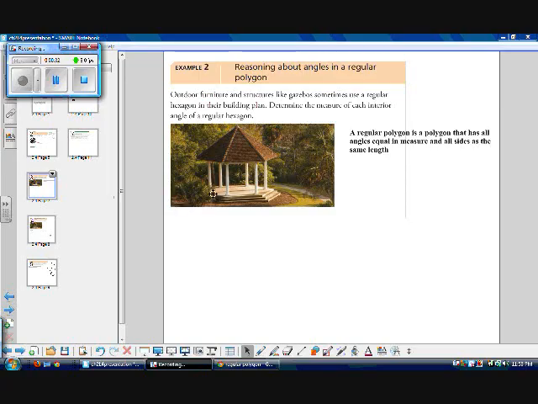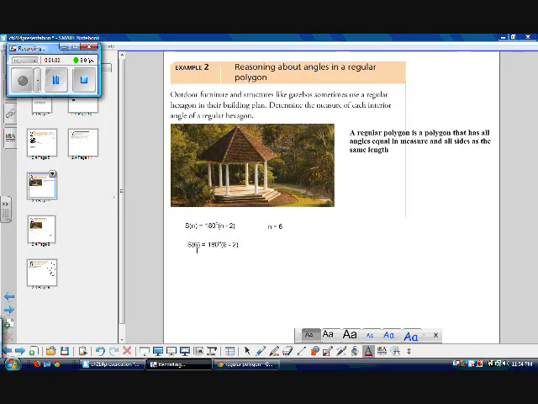So now we know how to find the sum of all the interior angles of a hexagon, so let's do that first. Using our handy-dandy formula for the sum of the measures of interior angles of a polygon, which is S of n equals 180 degrees times n minus 2, where n is the number of sides in our polygon. n in this case is going to be equal to 6, because that's how many sides a hexagon has.